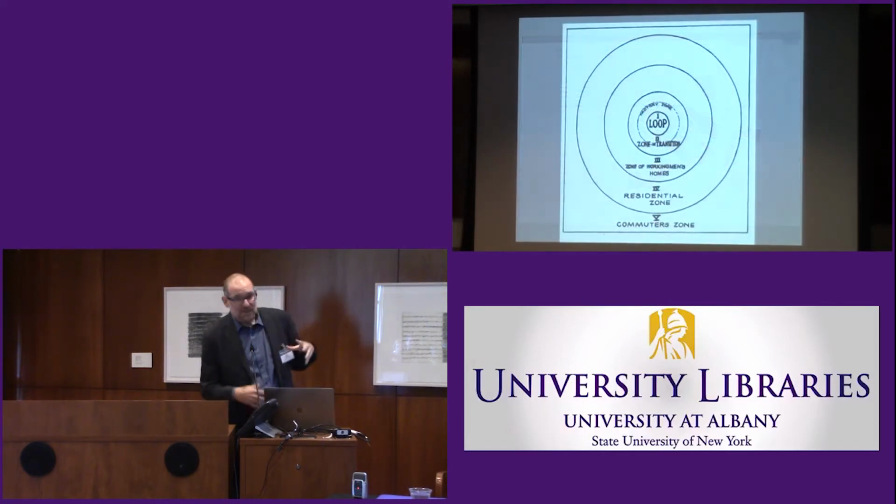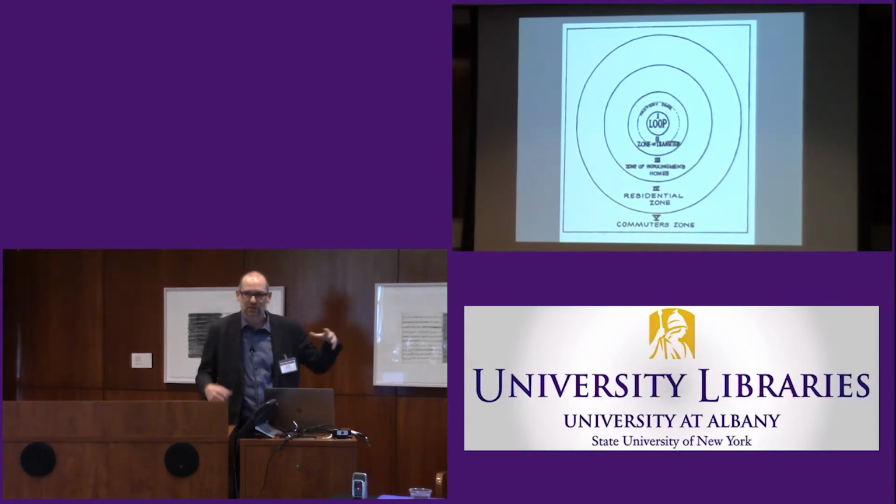Mapping this also does other things, right? So I'm going to pivot a little bit to the structural, and this is a very famous diagram from early 20th century sociologist Ernest Burgess, a representation of his theories about the way cities develop, concentric zone theory.